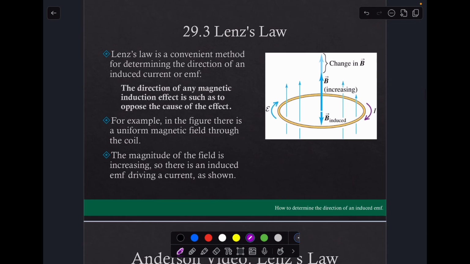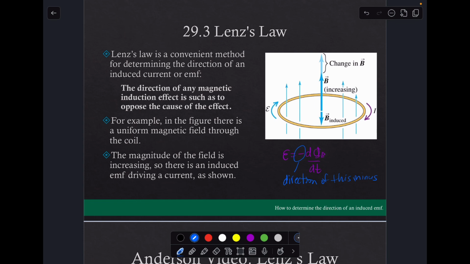So let's talk about Lenz's law. Lenz's law goes along with Faraday's law. If this is Faraday's law, Lenz's law is basically giving you the direction of this minus. Through numbers alone and on a circle, it's very difficult to decide what the negative direction is.